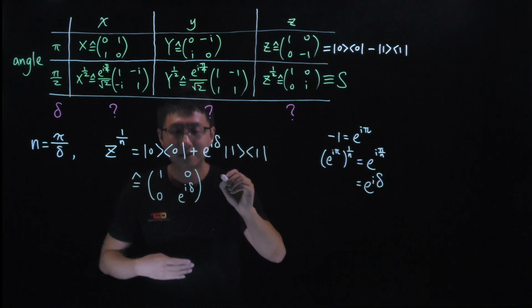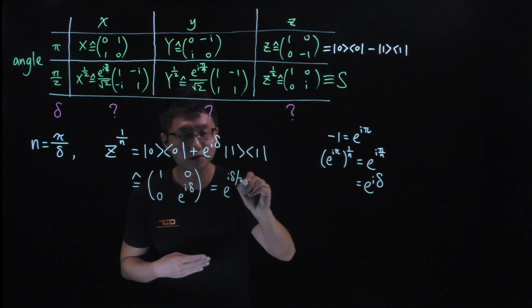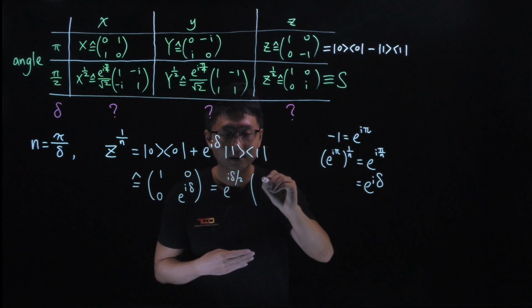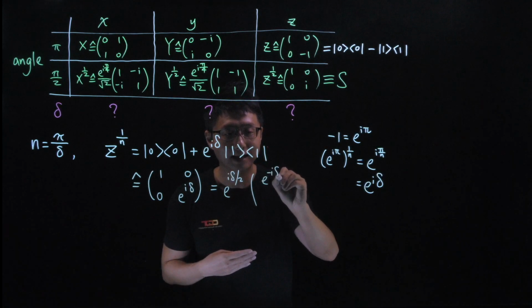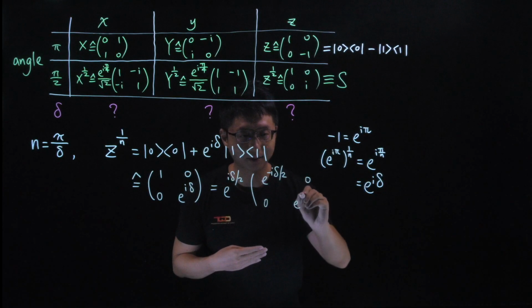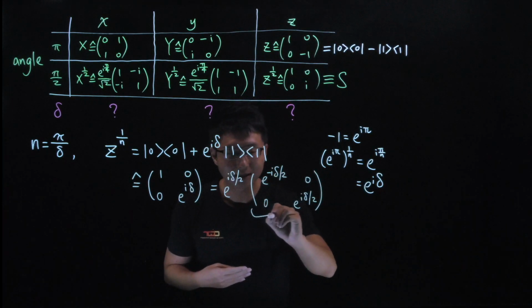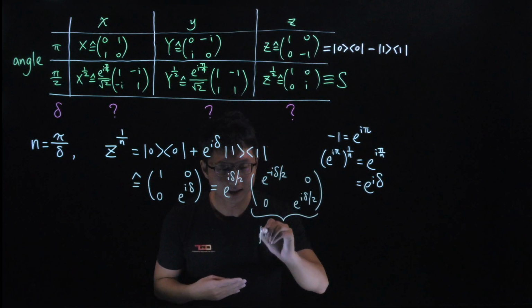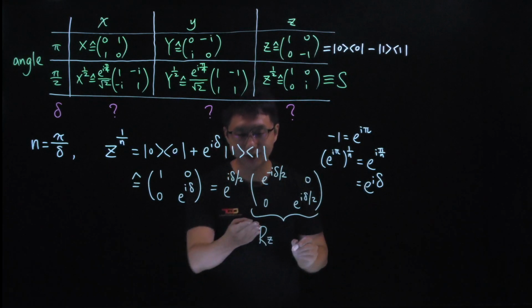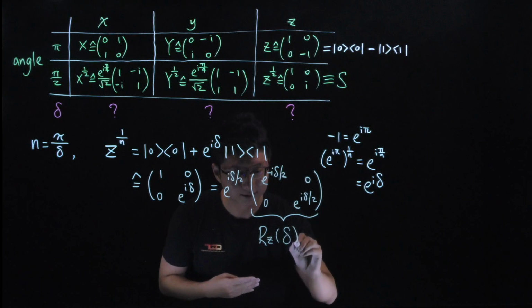And normally we factorize out a global factor of e to the power of i delta over 2 and are left with e to the power of minus i delta over 2, 0, 0, and e to the power of i delta over 2, where this matrix is what we will define as the rotation around the z-axis by an arbitrary angle delta.